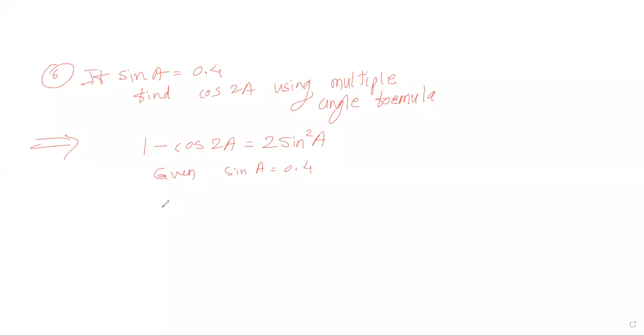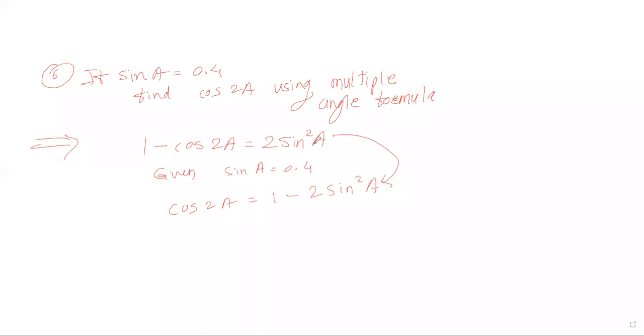Now put the value of sin A. Now cos 2A is equal to 1 minus 2 sin square A. We are converting this formula in this way.